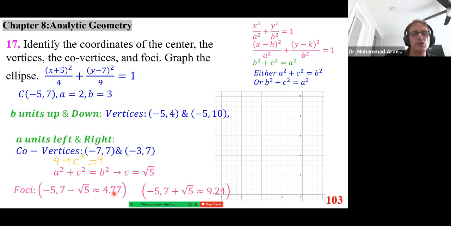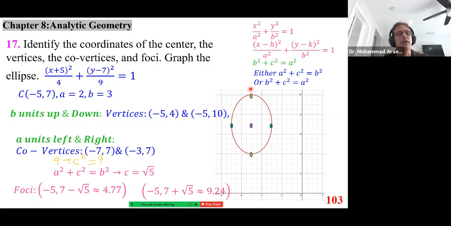And the reason we use those approximations is for the sake of graphing, so we can plot those. Now this is your center. Vertices, co-vertices. Here's the graph, and we have the foci. We can show it somewhere here and there.